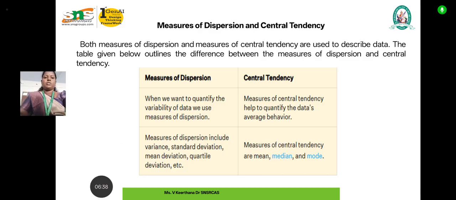The difference is, in measures of dispersion we quantify the variability of data. In central tendency, we quantify the data's average behavior. In dispersion, we have variance, standard deviation, mean deviation and quartile deviation. But in central tendency, we have mean, median and mode.